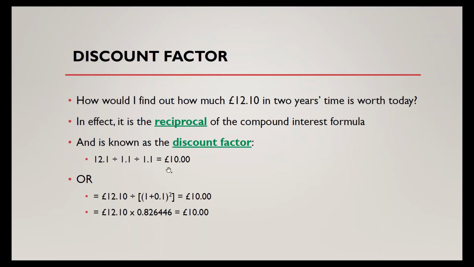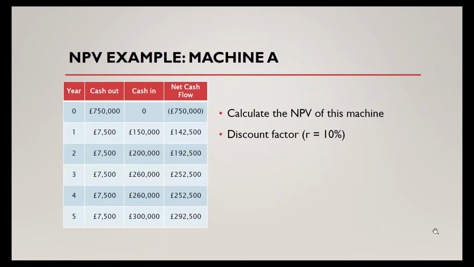Another way of writing a similar equation is 12.1 pounds divided by 1 plus the 10% raised to the second power, which will give you the same correct answer. You can also do it by 12.1 pounds times this number here, which comes from this one, and it will also give you the same 10 pounds for the answer.